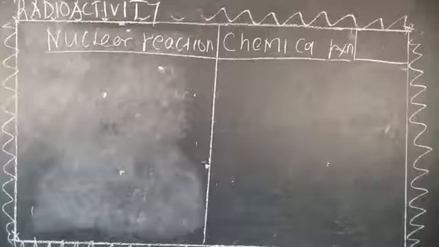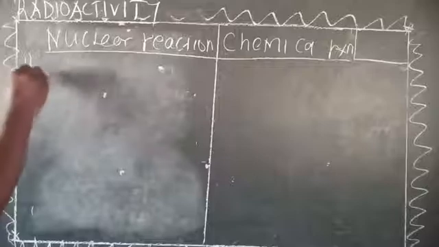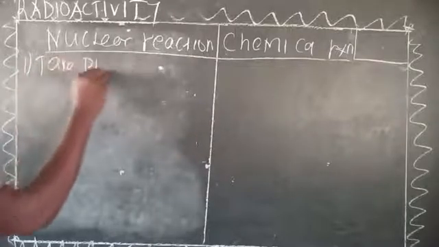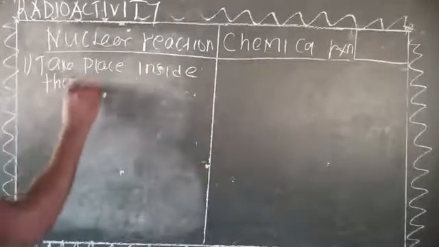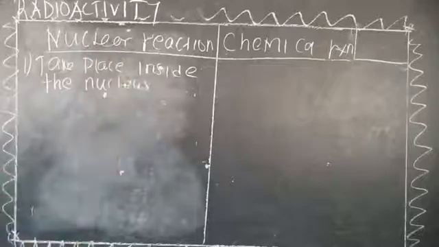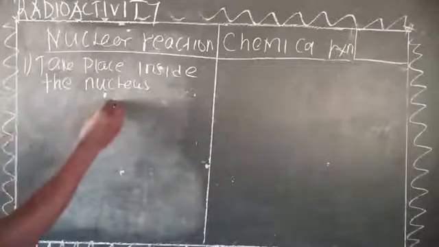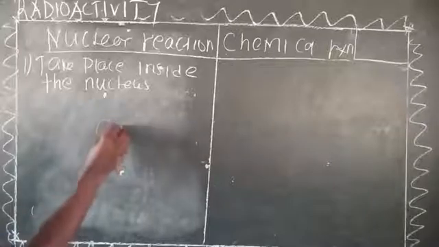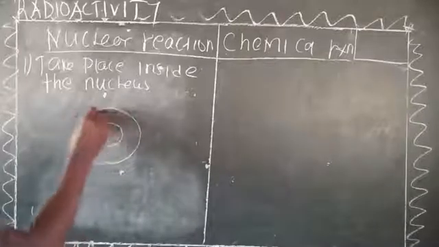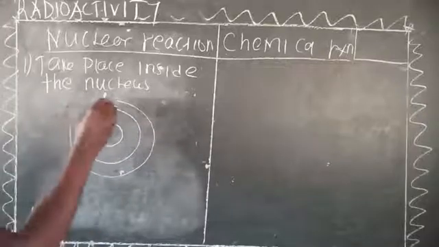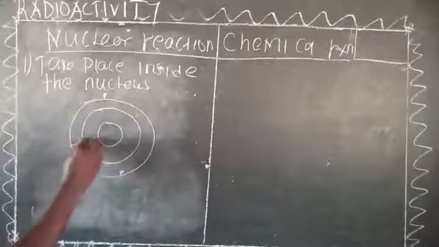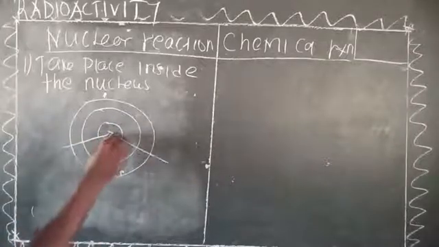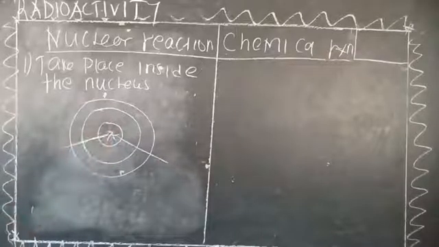So comparing the nuclear reactions and chemical reactions, the nuclear reactions take place inside the nucleus. That means that if we are going to have a nuclide or an atom with energy levels like this, nuclear reactions take place inside the nucleus of the atom.